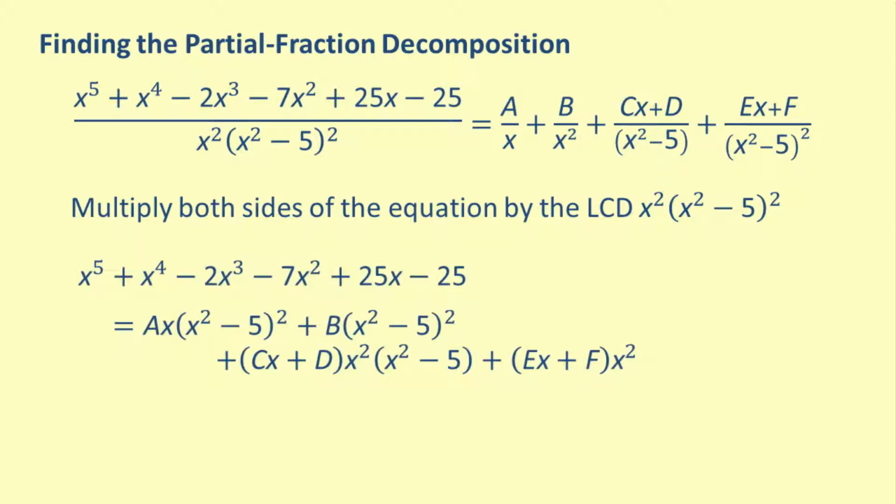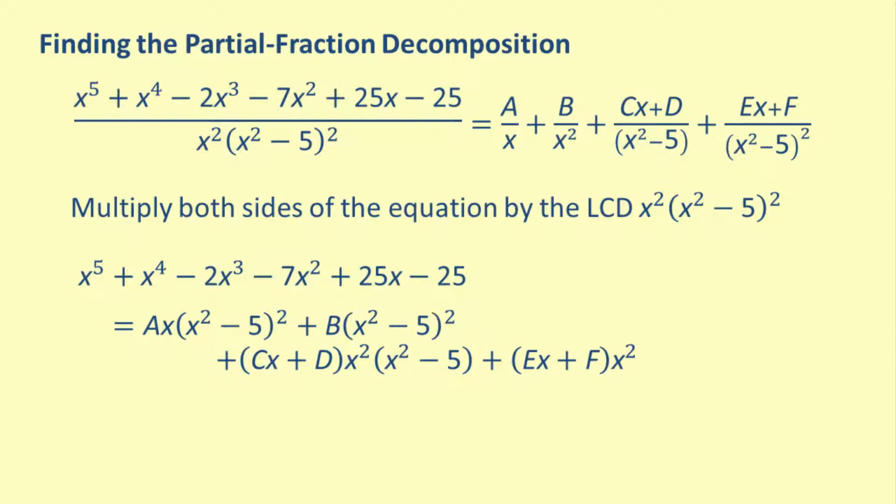And so, the equation is now x to the 5th power plus x to the 4th power minus 2x cubed minus 7x squared plus 25x minus 25 equals ax times the quantity x squared minus 5 squared plus b times the quantity x squared minus 5 squared plus the quantity cx plus d times x squared times the quantity x squared minus 5 plus the quantity ex plus f times x squared.